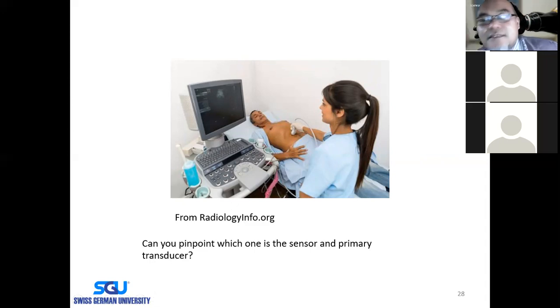Then it is reconstructed by the computer as a two-dimensional image. But nowadays there is also three-dimensional ultrasonography, and even four-dimensional ultrasonography, showing the three-dimensional structure of the body elapsed with time.